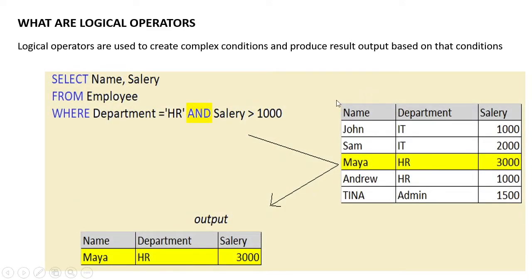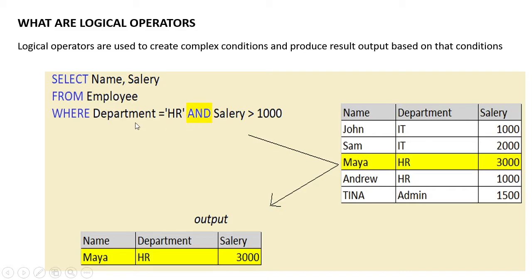You can see there is one table, employee, and it has some employee names, department and salary information. Let's say I query the employee table to find only employees where the department is HR and salary is greater than 1000. You can see here I have used the AND keyword.